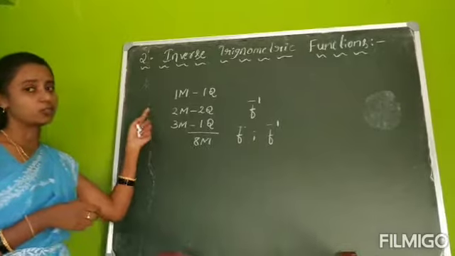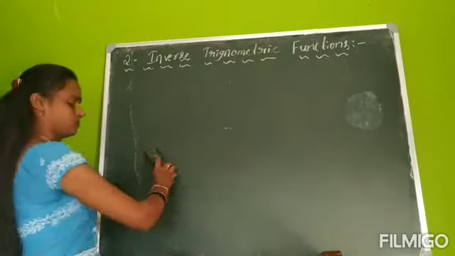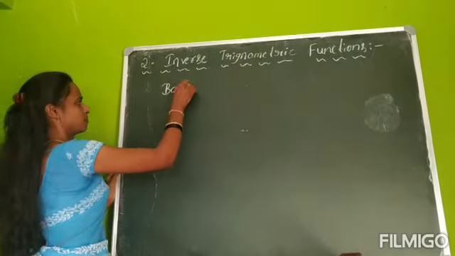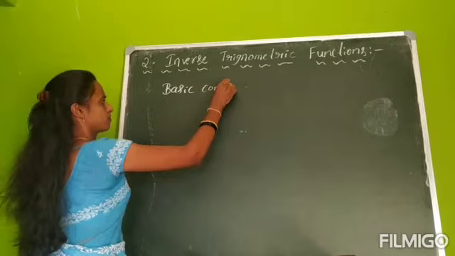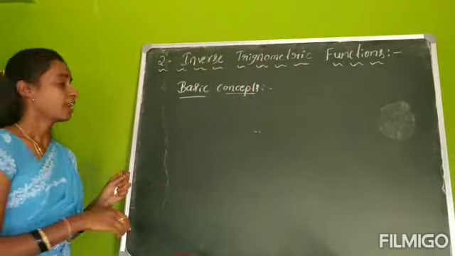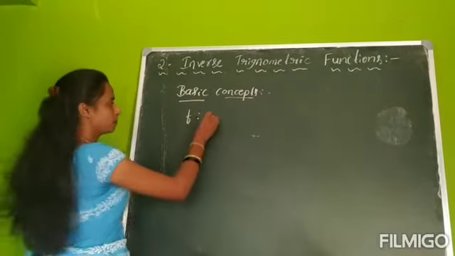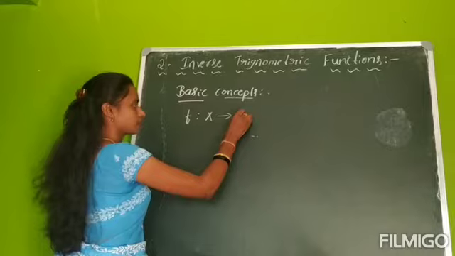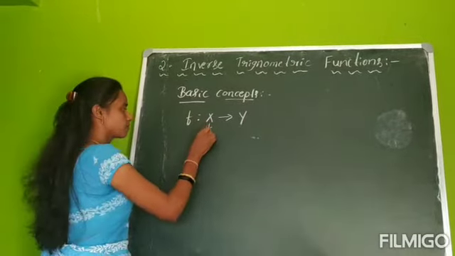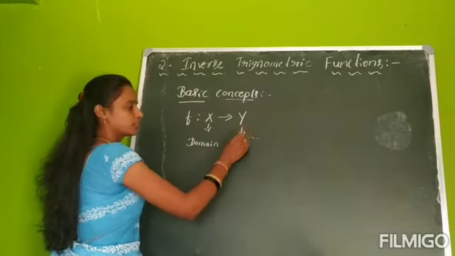Now I'll go with some basic concepts. If I take f as a function mapping from x to y, I'll take x as the domain whereas y is the range.